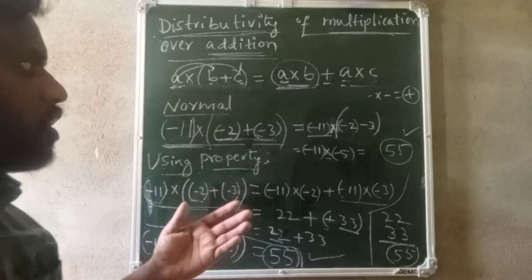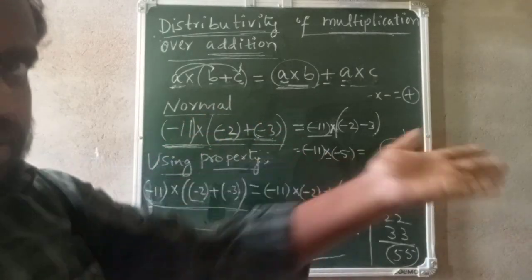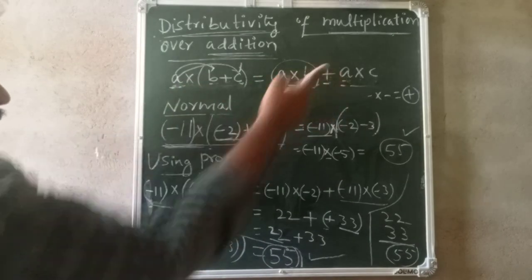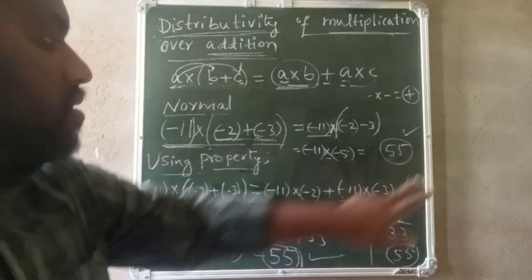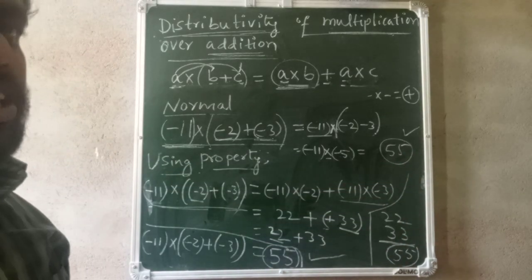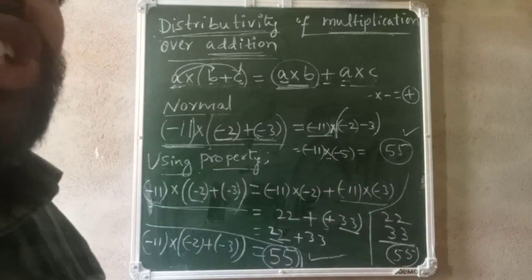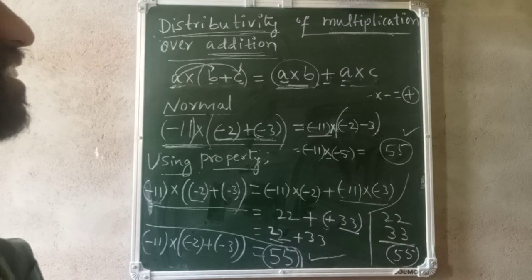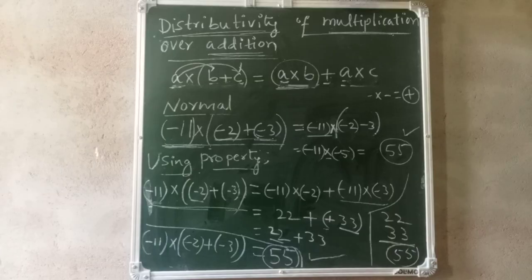See, you can see using normal multiplication we got 55 as the answer. Using this property we got 55 as the answer. Correct? So this answer is same. Both are same answers. So both answers are matching. Correct? So that means what? That means this property is correct.